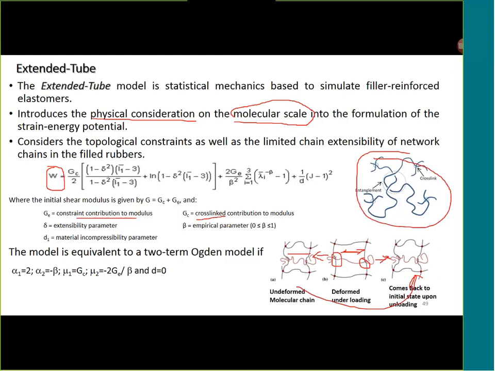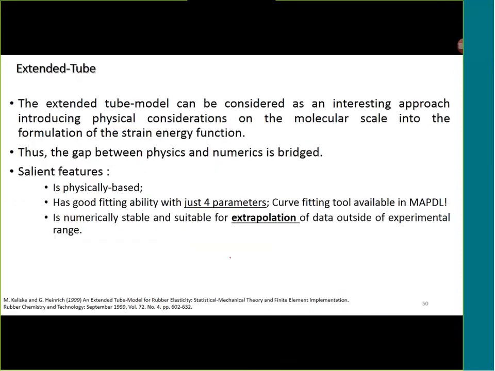This model can be thought of as a two-term Ogden model when some of the constants take specific values. But this is more advanced than the Ogden material model. This is a very interesting approach and a relatively recent material model.